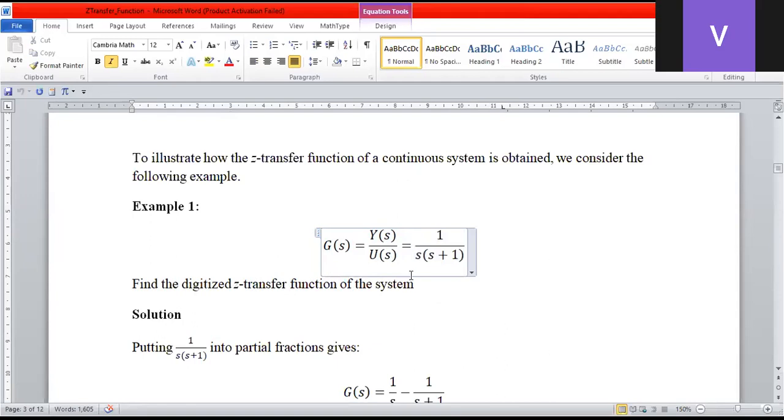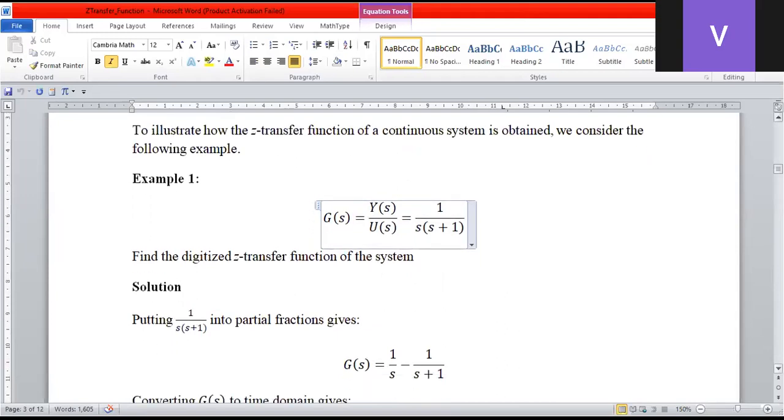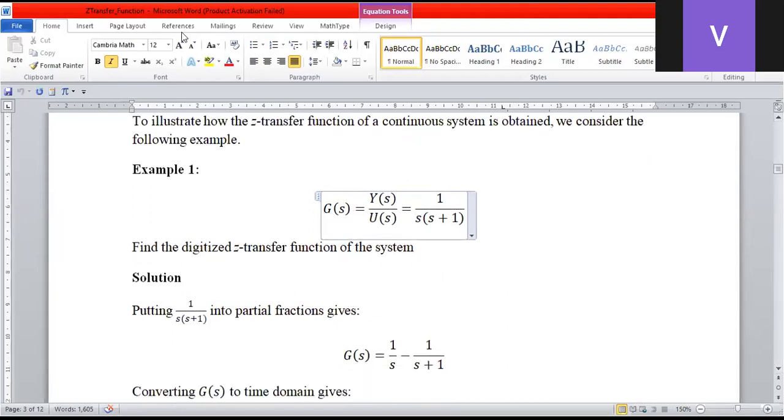There are different methods we use to do it, and in this class we're going to be considering the different methods. The standard method you can use is to put the equation.